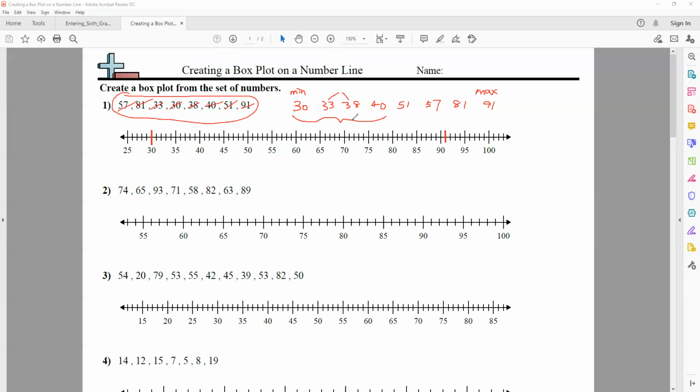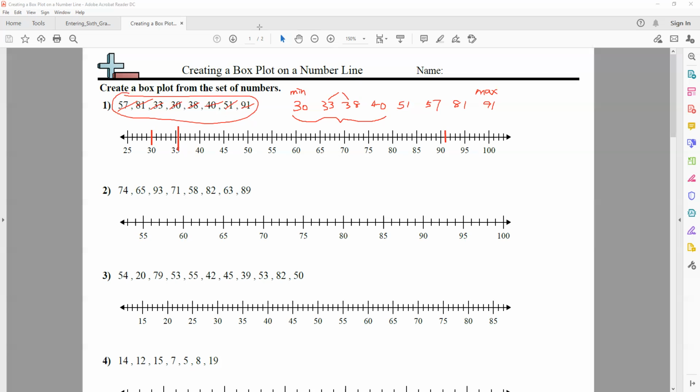You might have to do some math. 36. It's going to be a decimal because there are 5 between them. 35.5. Right. So 35.5 will be maybe right here.